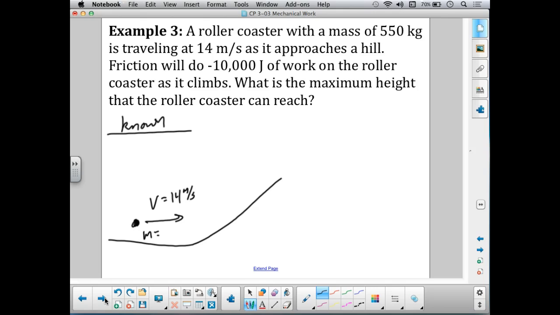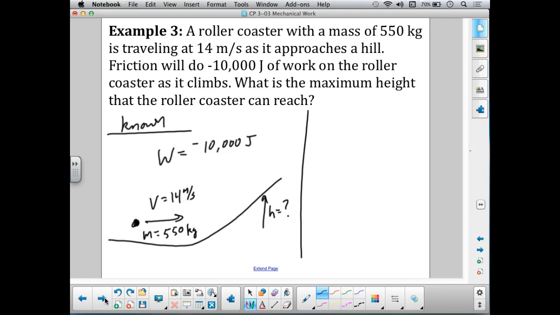It has a mass of 550 kilograms. Other things I know, the work done by friction is going to be negative 10,000 joules, and I'm looking for a height. How high can it reach on that hill?